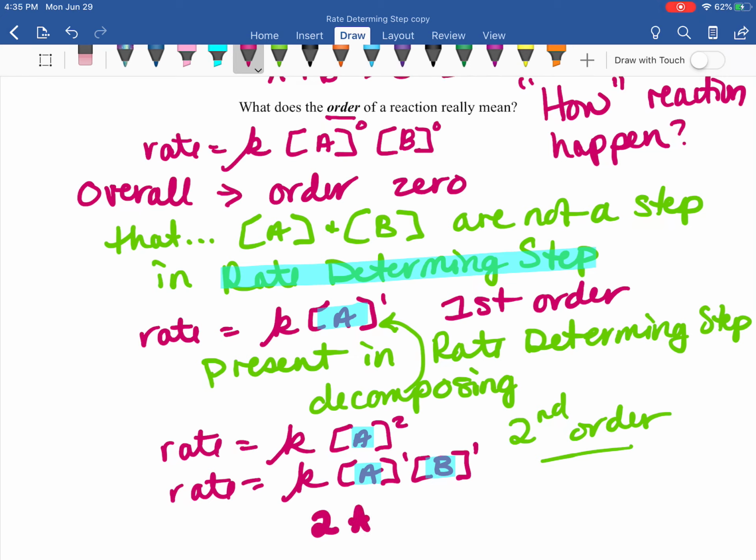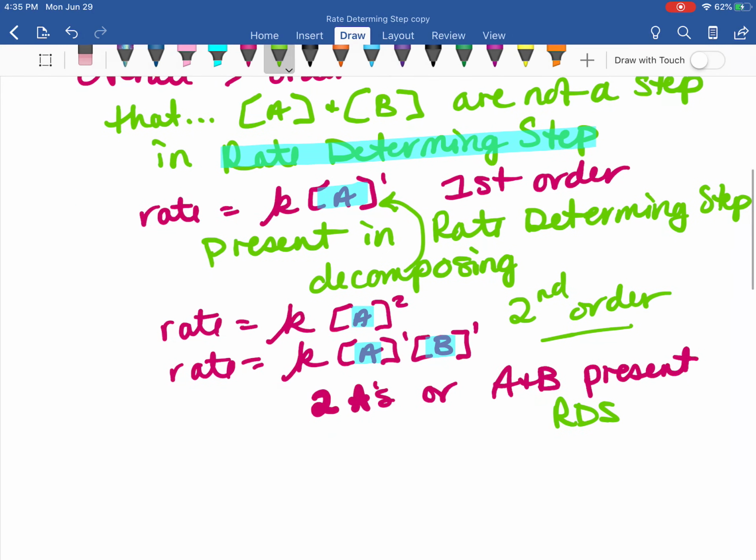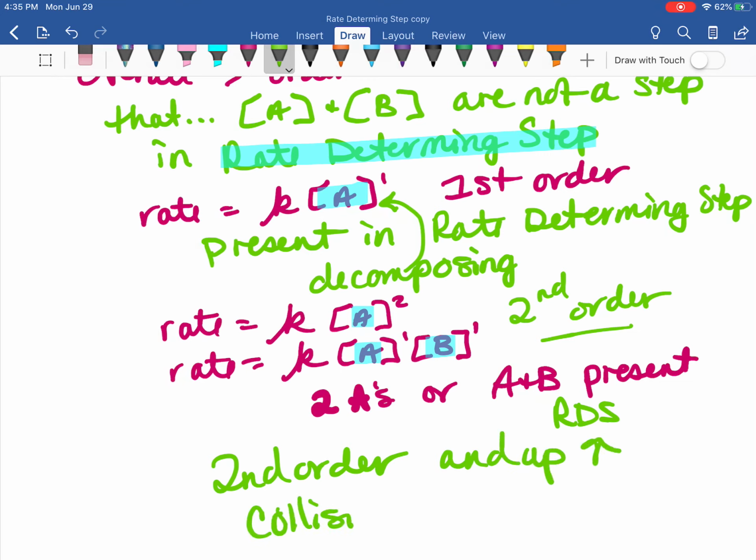It would mean two A's or an A and a B are present in that rate determining step, which I'm going to start abbreviating RDS. So how does that happen, or what does that tell us about a mechanism? As soon as we get into second order and up, these are collisions.